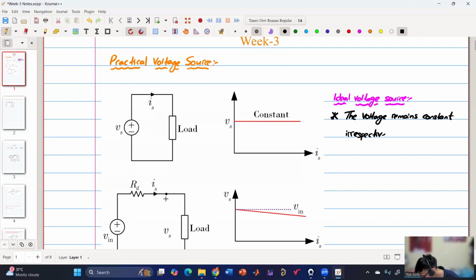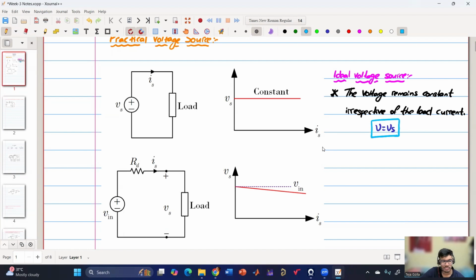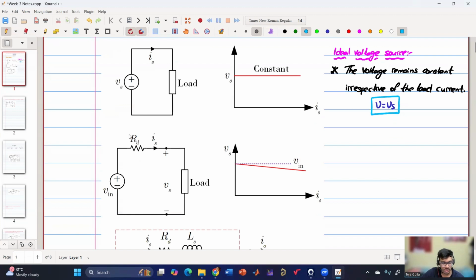The equation is V equals Vs, a line parallel to the x-axis, since current is on the x-axis. But this will not always happen, because in the case of a practical voltage source, there is some parasitic resistance.